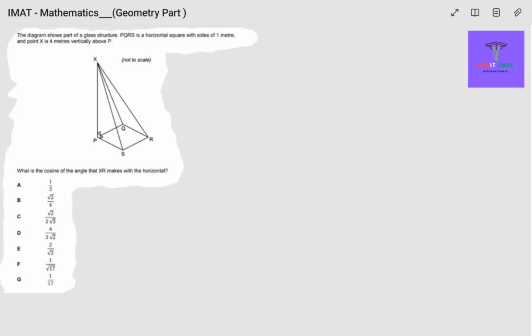So I'm gonna draw the diagram simply. This one is the X and this one is P. The length of X to P is given 4 centimeter, I mean 4 meter, sorry.